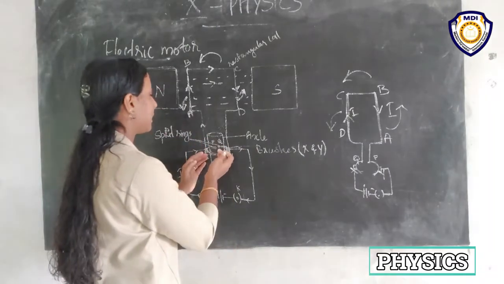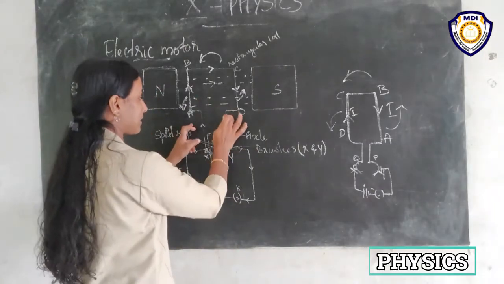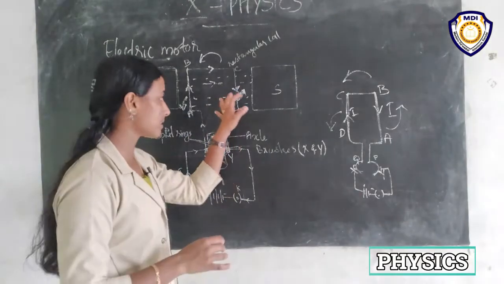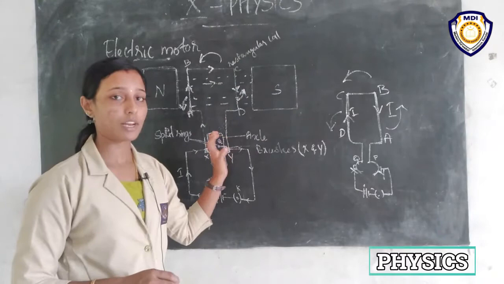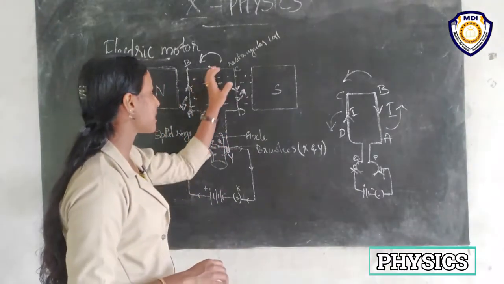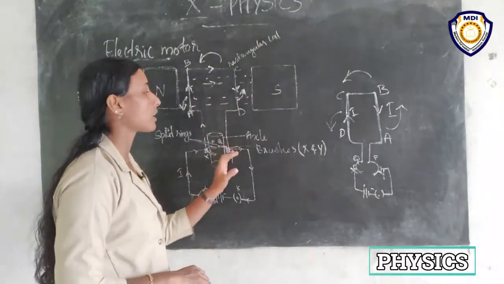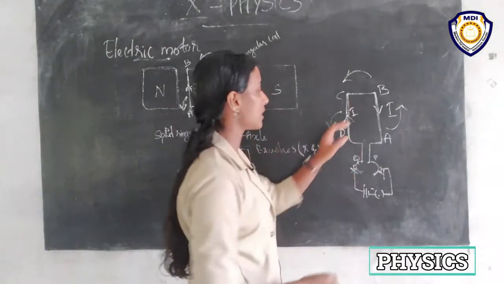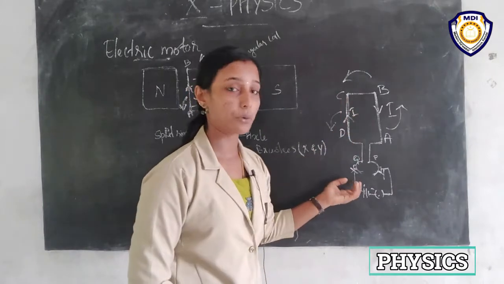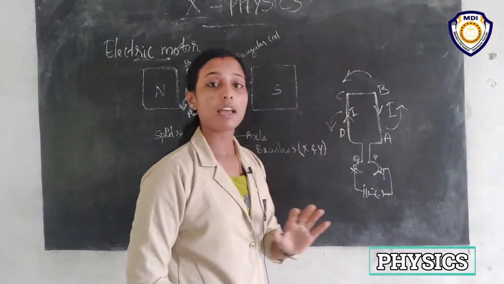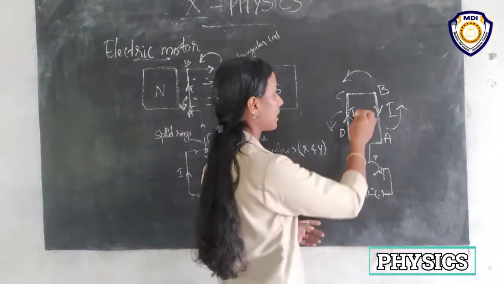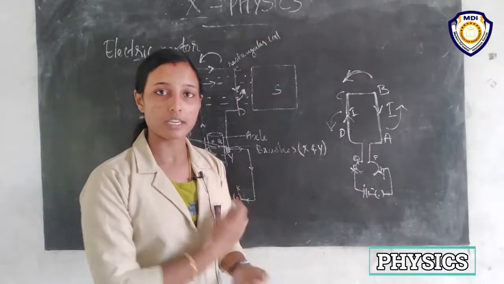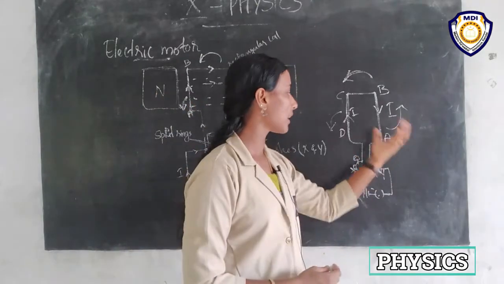Due to that, the current passing through this rectangular coil gets reversed, right? That means CD experiences a downward force and AB experiences an upward force. So here also an anti-clockwise rotation happens. Okay, so this will continue.